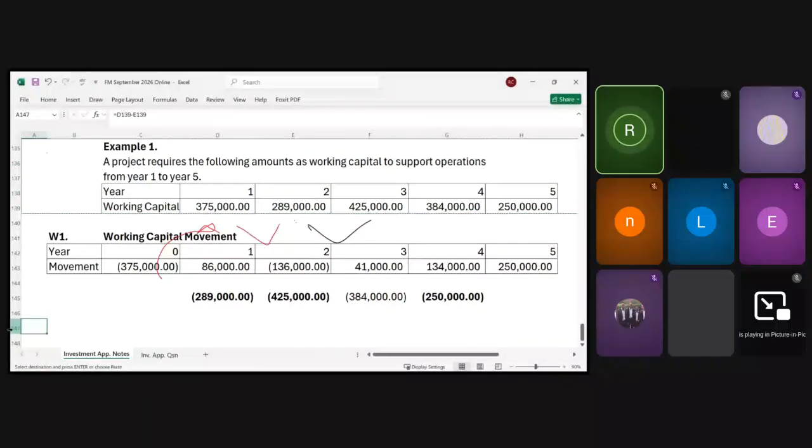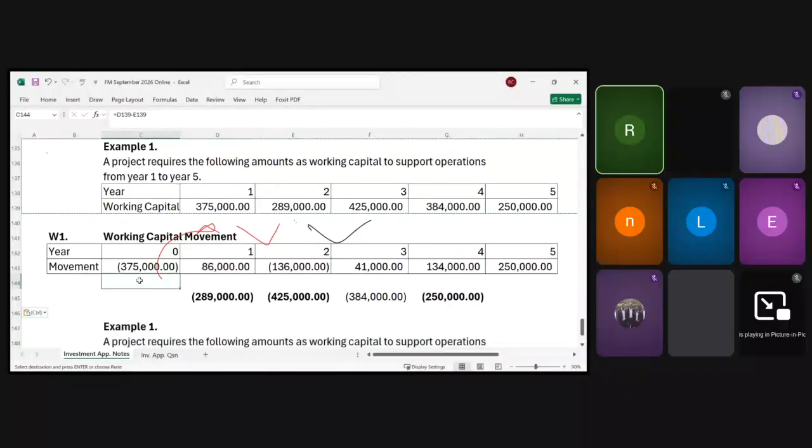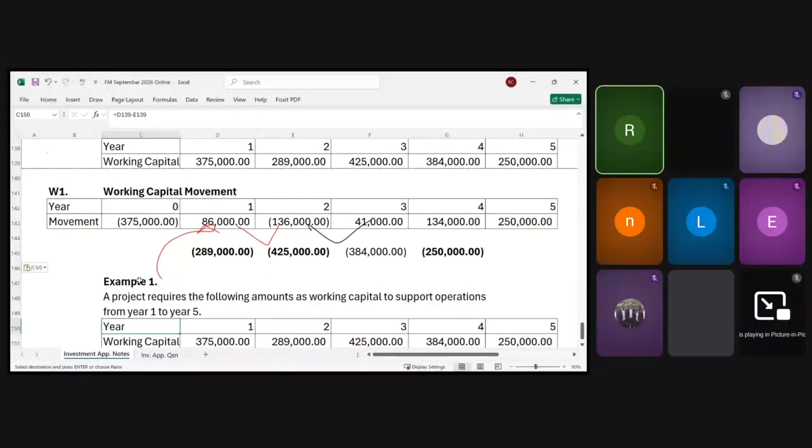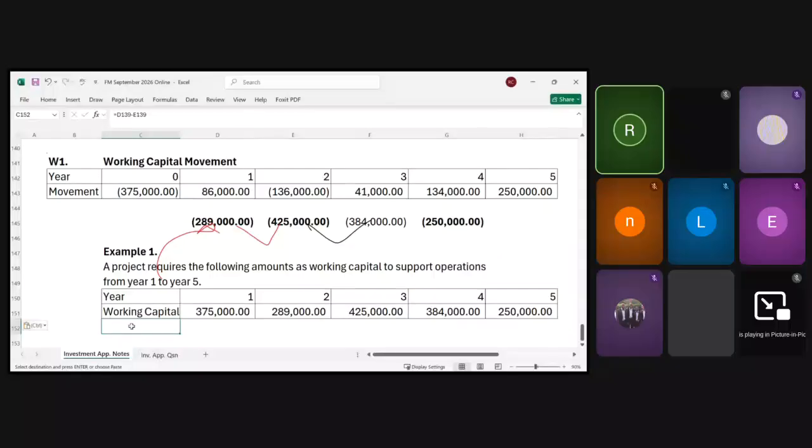All right, assuming that we still have this as the working capital requirement, but we are told that inflation of 5% is to be incorporated to maintain the purchasing power of our working capital.